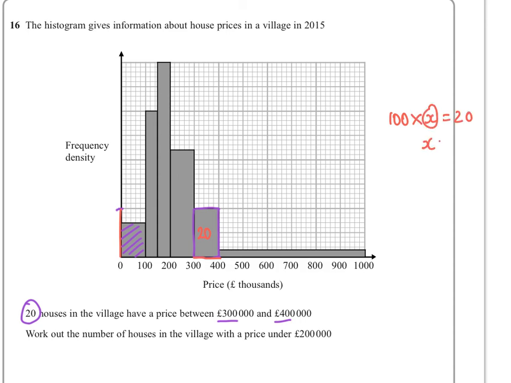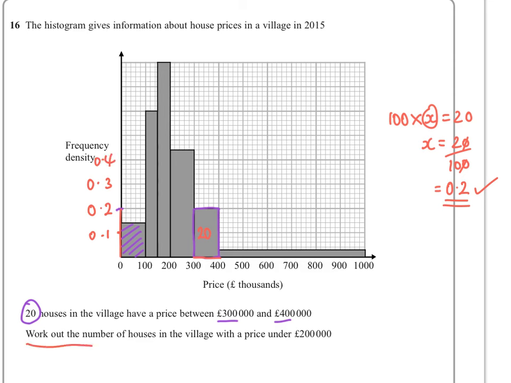So on your calculator you can just do 20 divided by 100, which is 2/10, which is 0.2. Yeah, 0.2. So if this is 0.2, then don't forget here there's another one here, so that will be 0.1, 0.2, 0.3, 0.4 and so on.